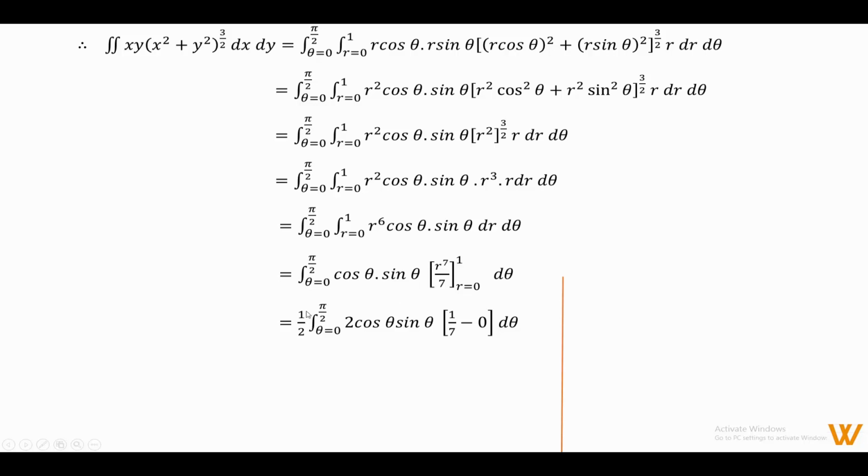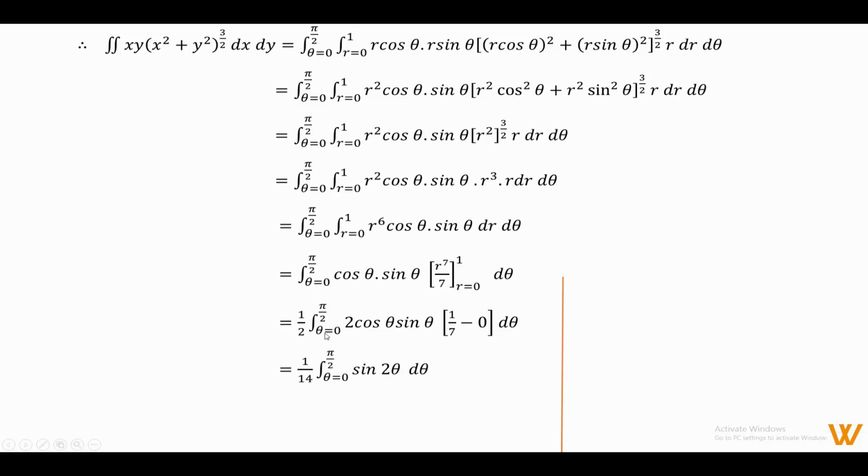So we get first write down 1 half and multiply by 2 is equal to 1 half, integration with limit theta varies from 0 to pi by 2, cos theta into sin theta. Inside the bracket put r is 1, so 1 by 7, minus, put r is 0, so 0, d theta. So this becomes 1 by 14.